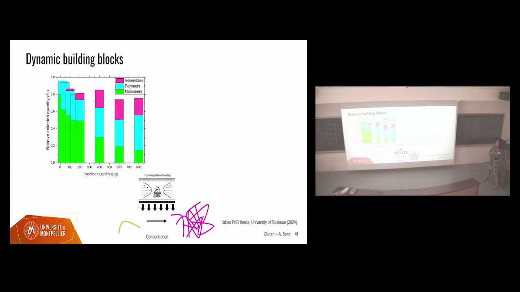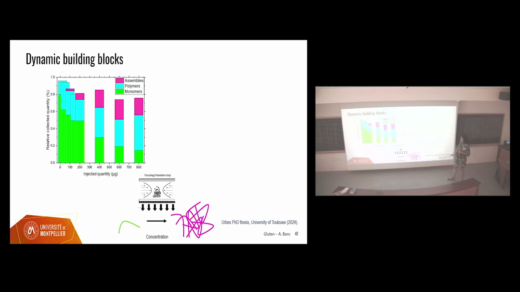Another last interesting point was observed when we tried to inject different quantities of our sample in the asymmetric flow field fractionation. We found that the repartition of the different species was different as we increased the quantity of protein injected. So you see that the assemblies increase as we increase the quantity of protein injected.